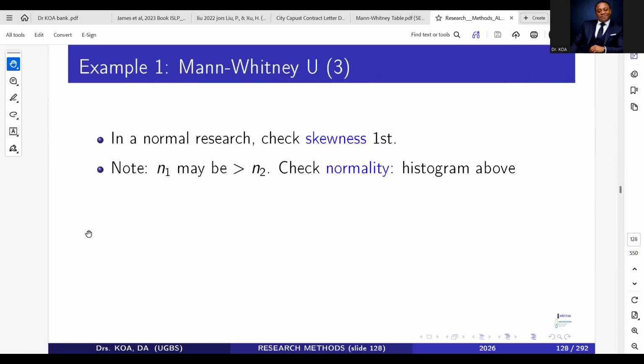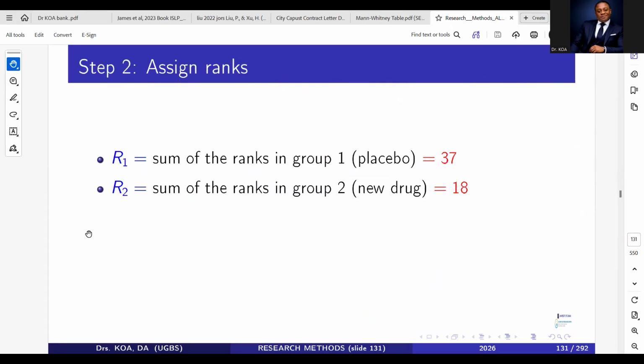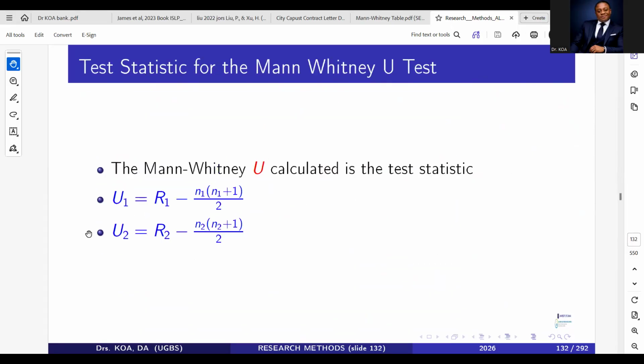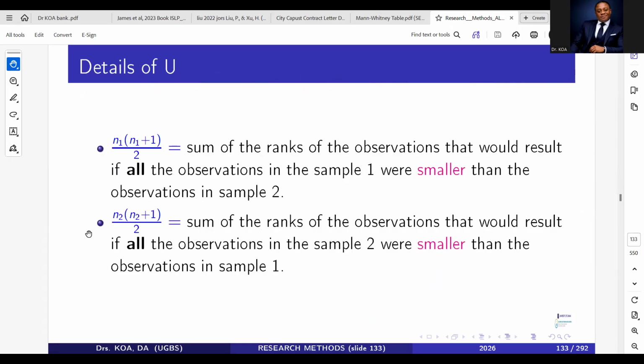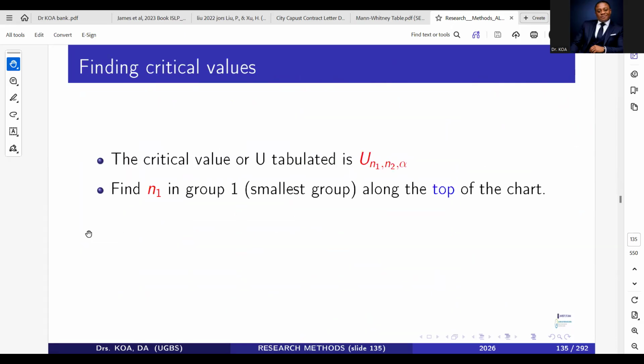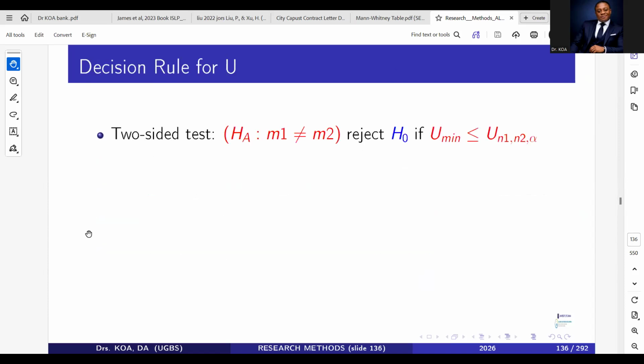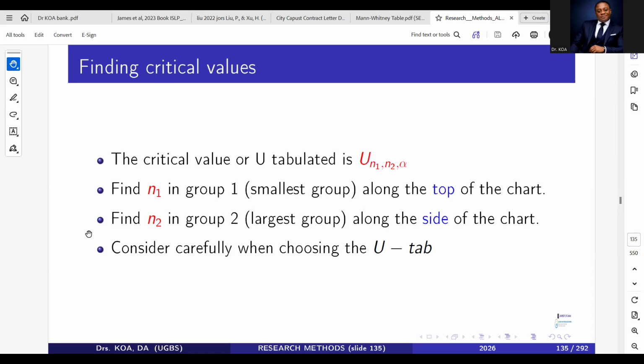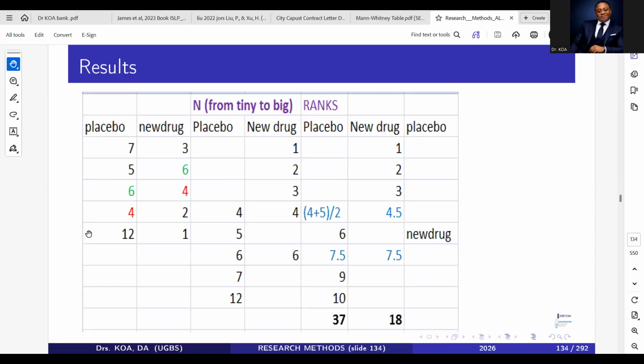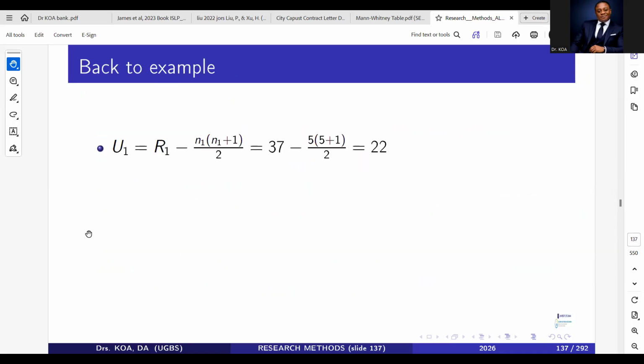Okay. When you go back here, let me just take it back. All the things we are doing are right here. So if you check this, where is it?